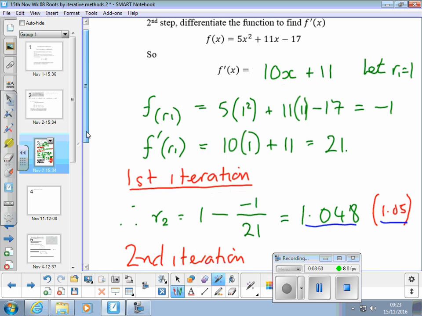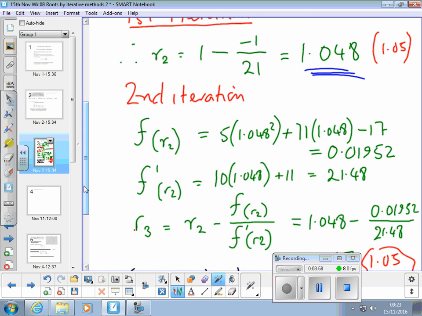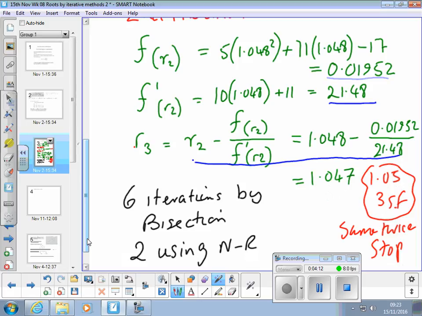You then apply this value in a second iteration to find the value of the function and the differential at that value. Put those back into Newton-Raphson and we come out with a new estimation of the root of 1.047, which rounds to 1.05 to 3 significant figures. Because we got that same value twice on 2 iterations, we can stop.